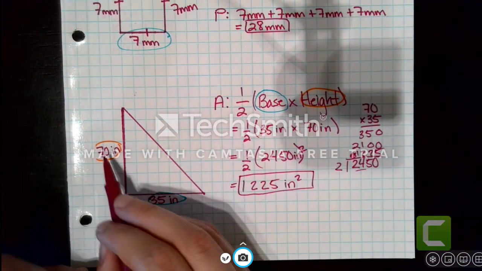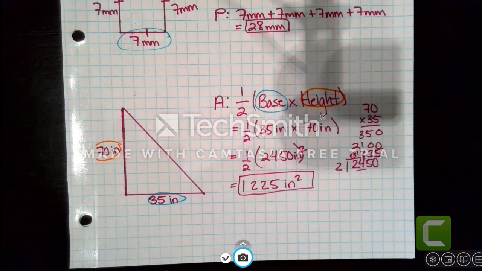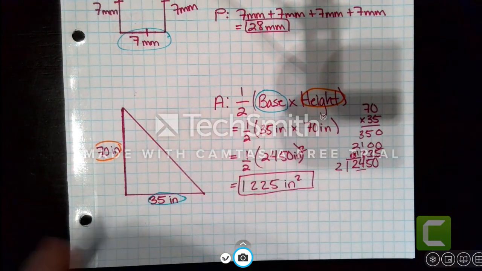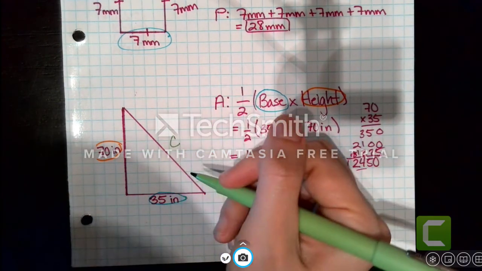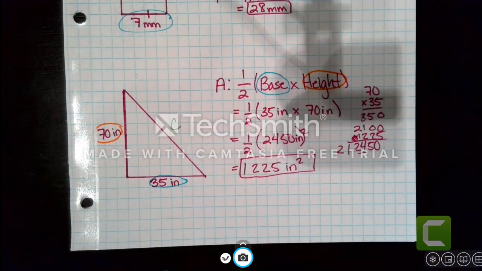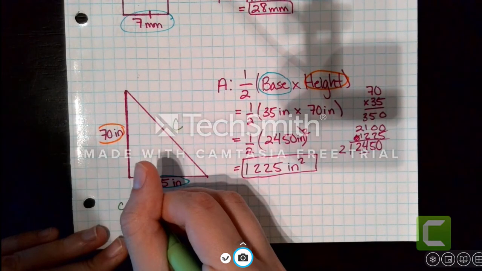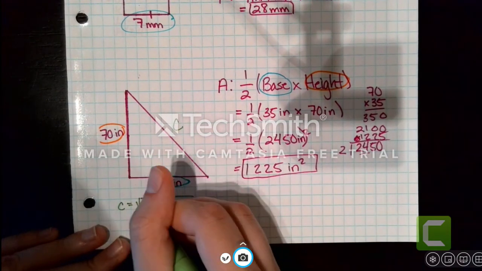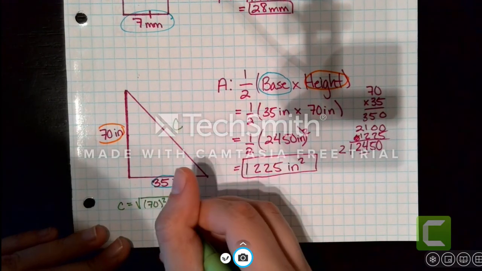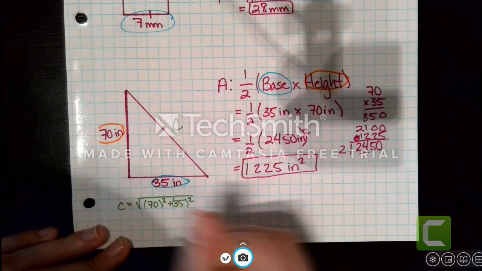And for perimeter, this one's tricky. We were not given our hypotenuse for this. So we actually need to do a little bit of extra work to find this missing side right here. We have to use the Pythagorean theorem. So, find your missing side. Your missing side C is equal to the square root of 70 squared plus 35 squared.